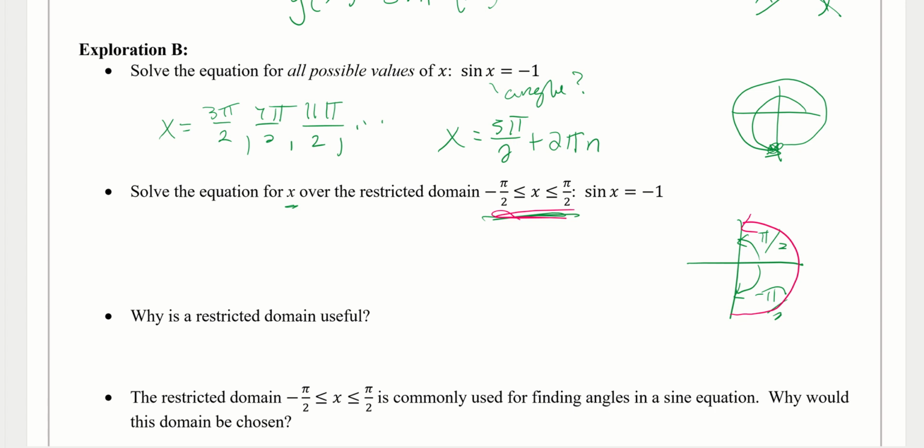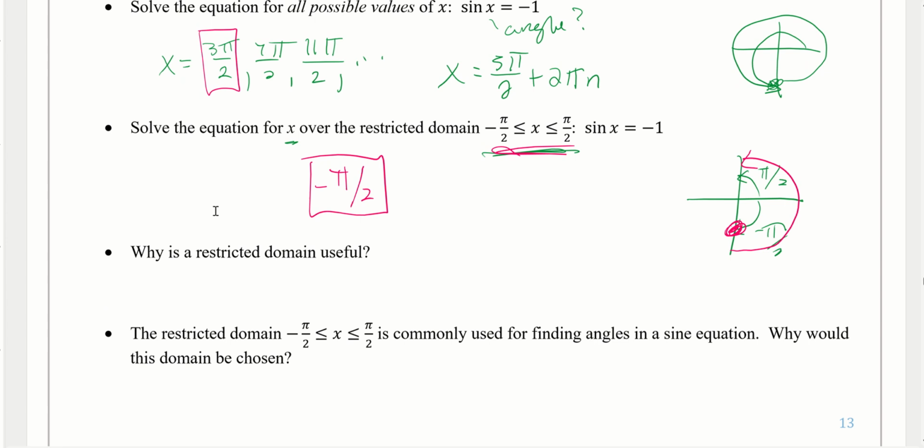If I solve it within this restriction, the point that I'm looking for is down here, at negative pi over 2. Negative pi over 2 is actually the same thing as positive 3 pi over 2. Same point, just a different way to look at it.